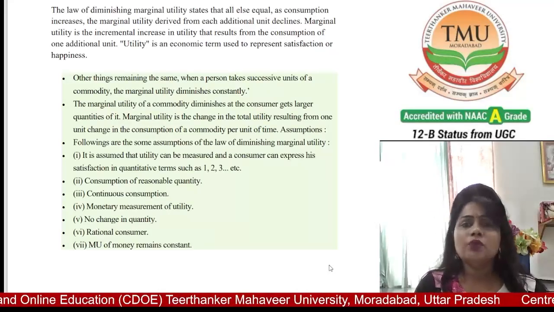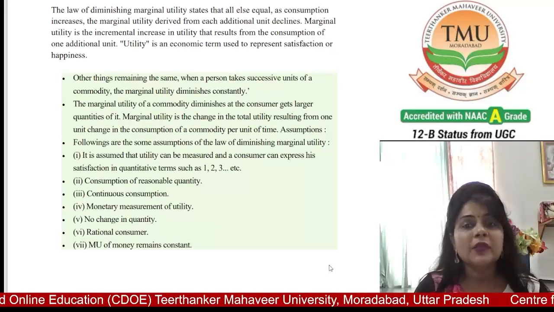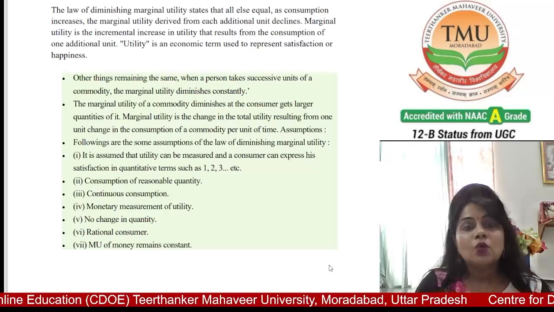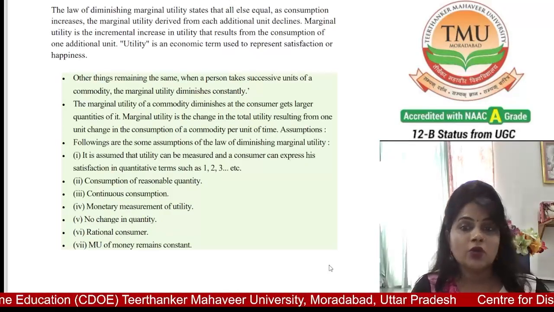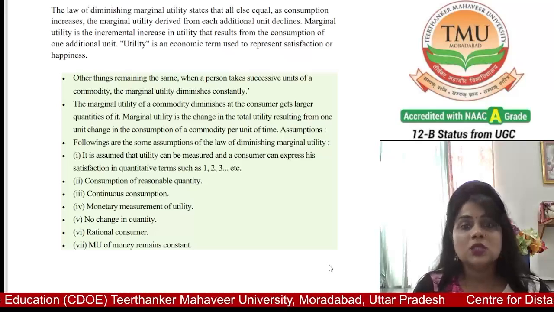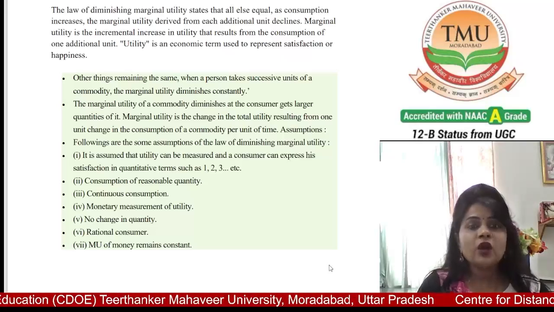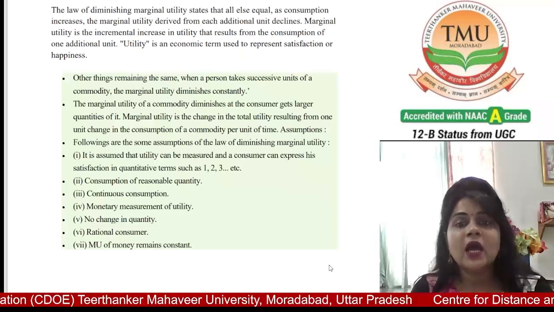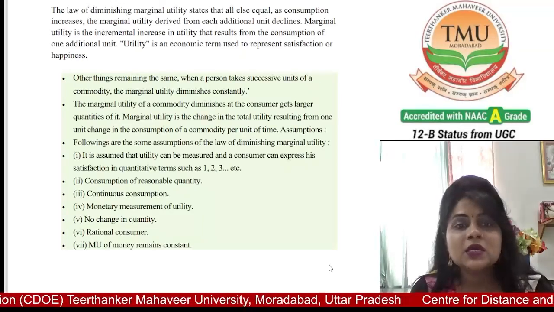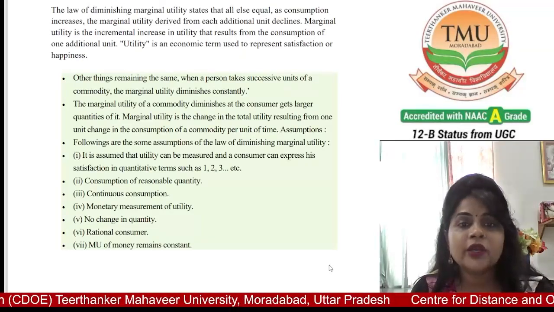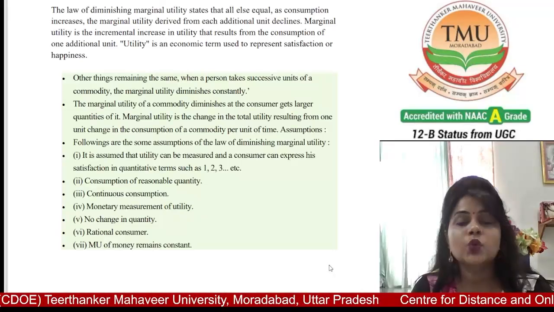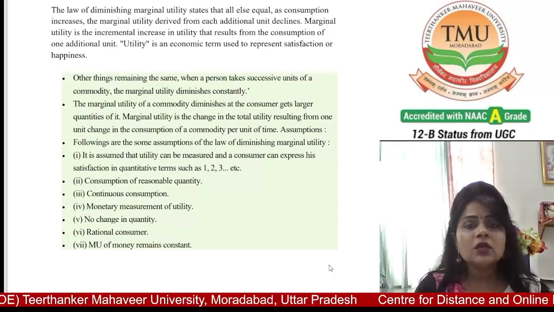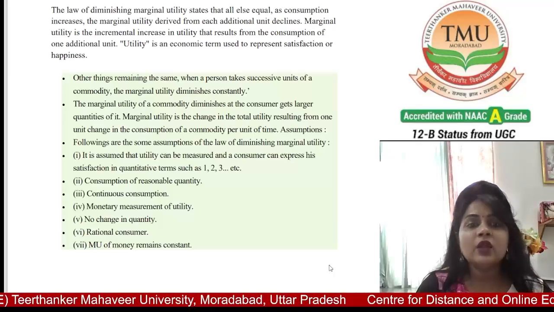I think you have to understand the meaning of the law of marginal utility. Now, what assumptions should we follow for this law? First of all, it assumes that utility can be measured and a consumer can express his satisfaction in quantitative terms such as 1, 2, 3, and that the consumer consumes a reasonable quantity.